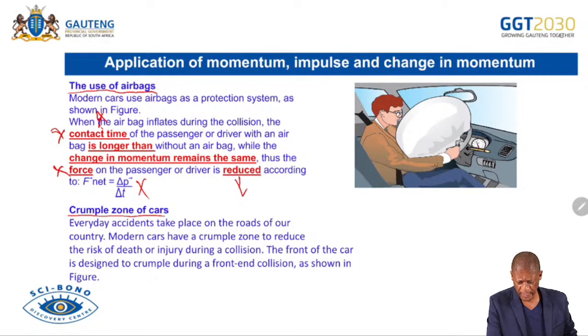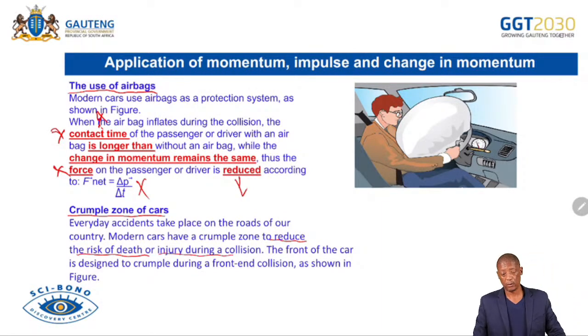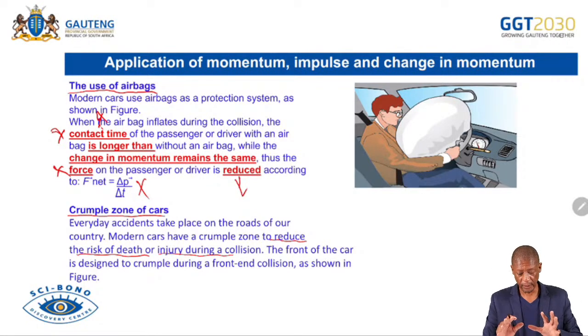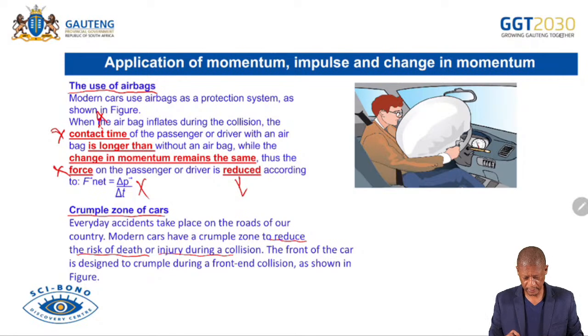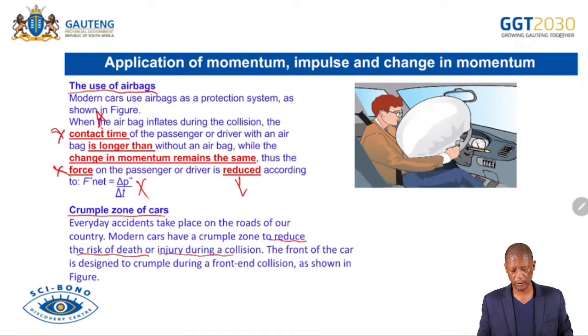Modern cars have a crumble zone to reduce the risk of death or injury during collisions. So the crumble zone reduces the risk of death or injuries. You must remember that. If they ask what the use of the crumble zone is, you will not say it increases death and injuries. No.